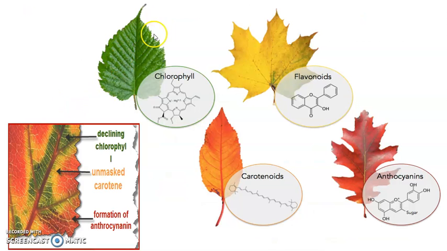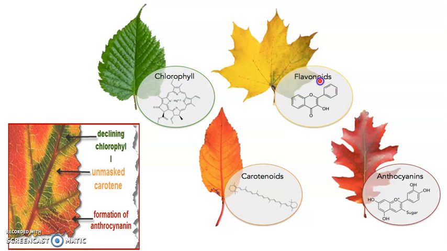If you look at some leaves here, again, we have a green leaf, which is what we see for the majority of the summer and spring. But come fall, what we saw recently, leaves start to change color. They go away from green to colors such as yellow, orange, and kind of like a magenta reddish coloration right here.